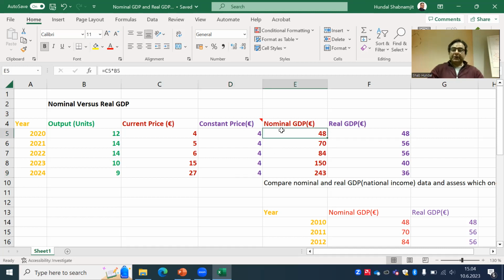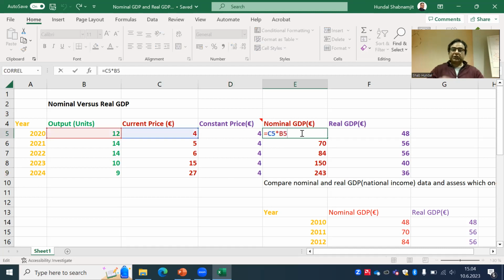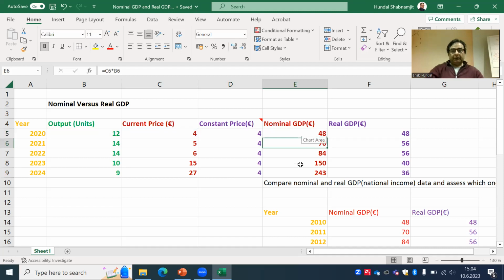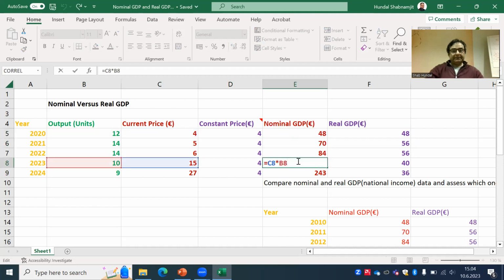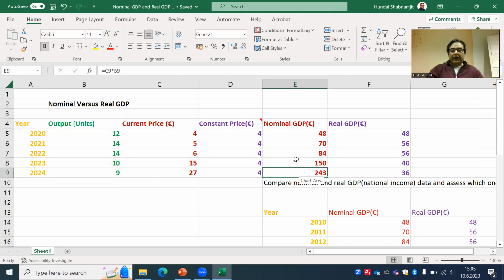So what we do here is that, first of all, we calculate the nominal GDP, which is the current price multiplied by the current output. For instance, you can see here that I just multiply the corresponding cells in each row, the output multiplied by the current prices. And you can see that there's a big jump from 84 to 150 in 23 when compared with 22.